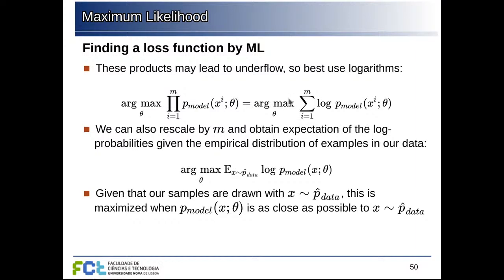And we can also simplify this if we divide, say we have m examples in our training set, but if we divide the result by m, which is just a constant and doesn't change the value that maximizes the expression, we can convert this into the expected value.